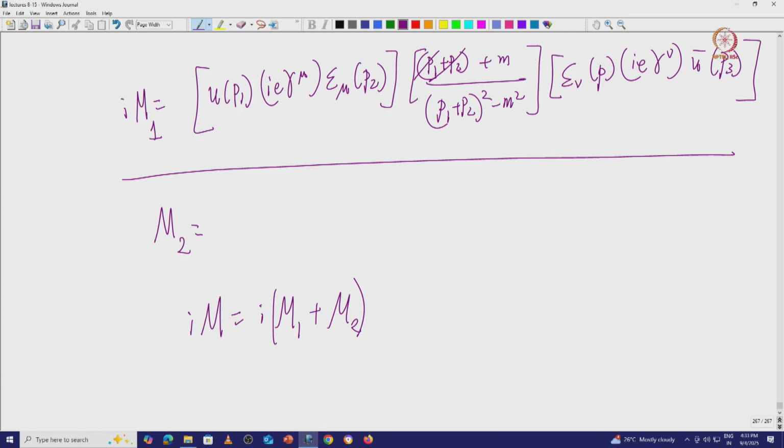At the end of the day, when you do these integrations, this cross section will end up being some factor proportional to cos theta, 1 minus cos theta essentially. If you write it in terms of d sigma by d omega using the trace theorems, there are several things which you have to do essentially.